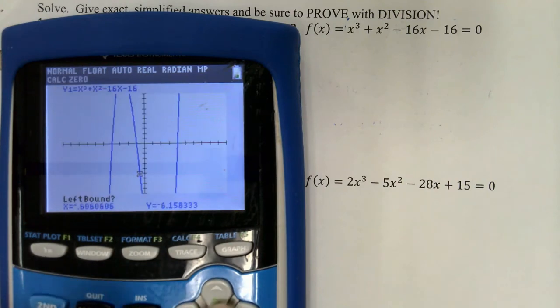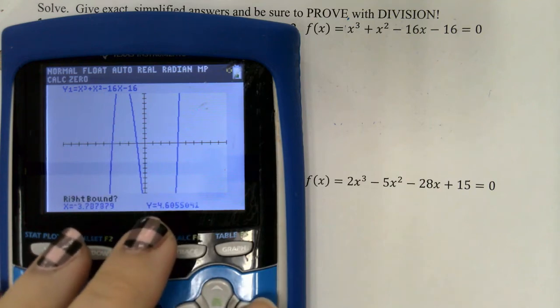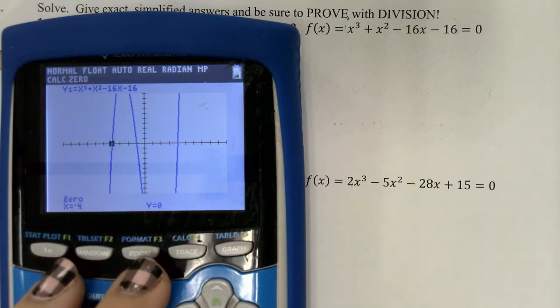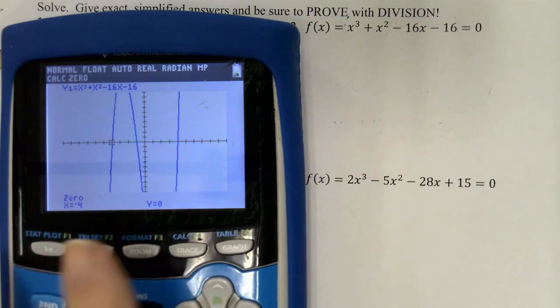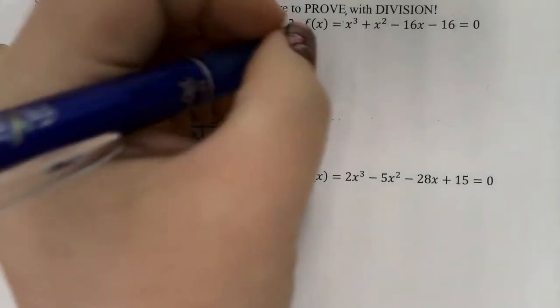Now notice I couldn't see where my x was, so I just pressed the left arrow until I could see it again. I'm going to try and find my left 0 here. Left side, right side, and I get that one of my zeros is at -4. And that's all I need is one of them. So -4.